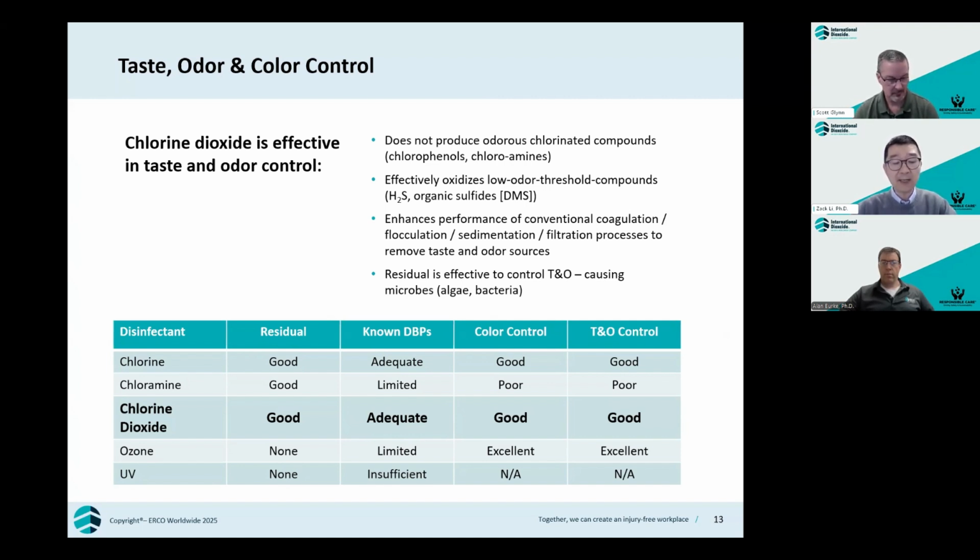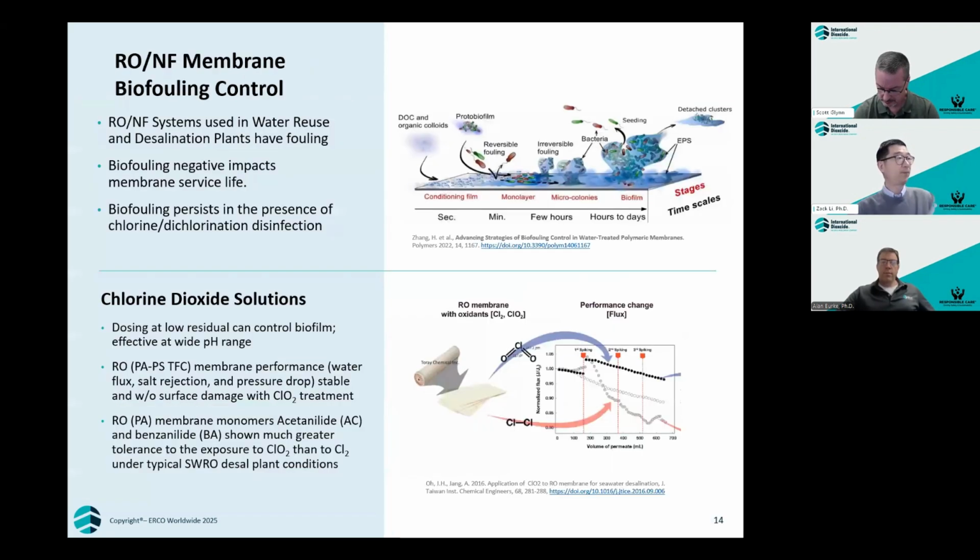Chlorine dioxide and its byproduct chlorite can prevent algae, fungi, and bacterial growth. So overall, chlorine dioxide can play an important role in terms of taste and odor control and color control and the delivery of high-quality product water. Next slide, please.